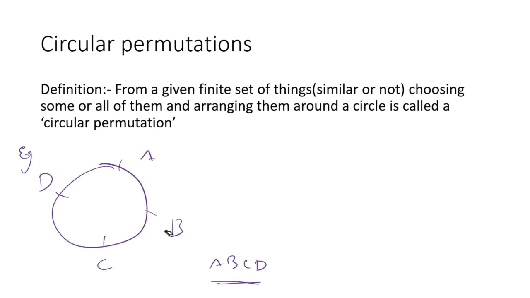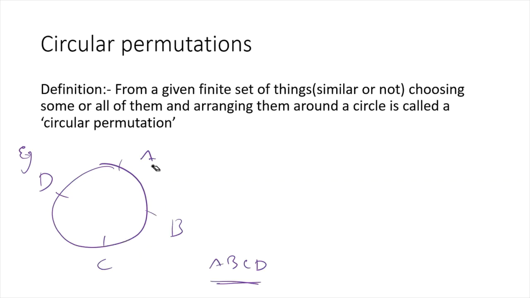Here I can say that B is in the clockwise direction of A, or D is in the anti-clockwise direction of A. But in a linear permutation, I can directly specify the position of B without referring to other objects. So here I can say that B is in the second position. But here, if I want to specify the position of B, I have to do it with respect to another element. I can say that B is to the clockwise direction of A, or B is in the anti-clockwise direction of C.